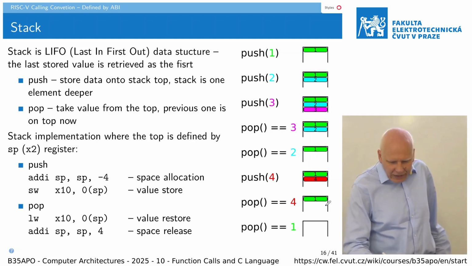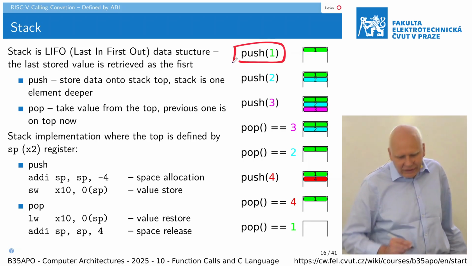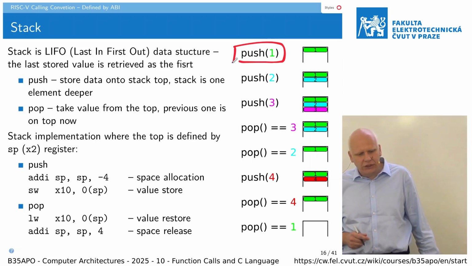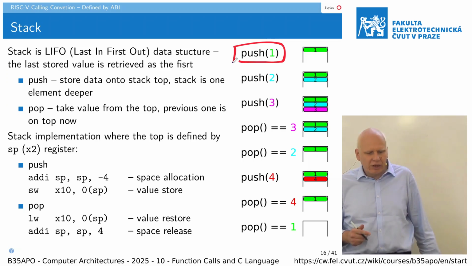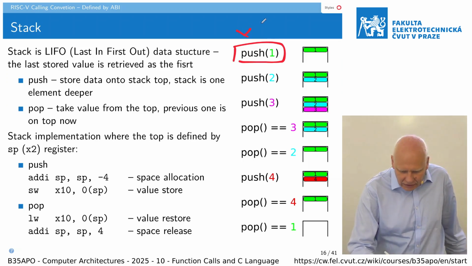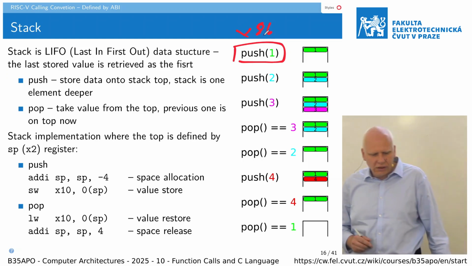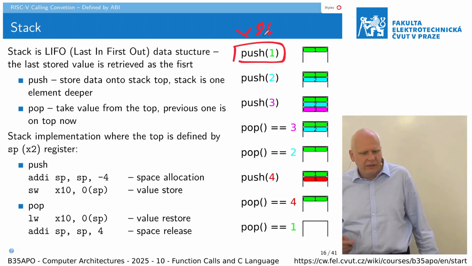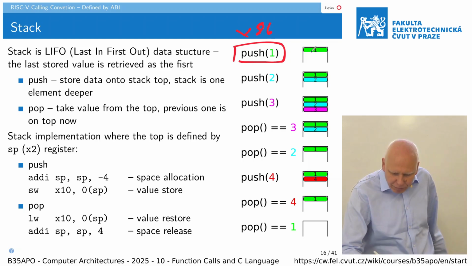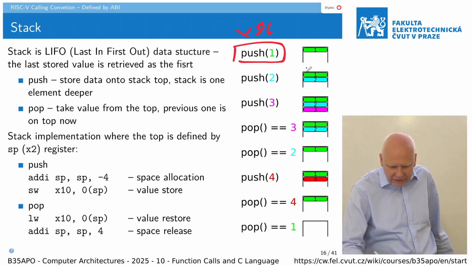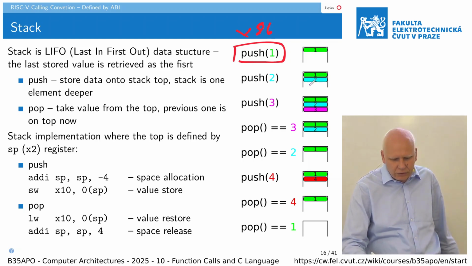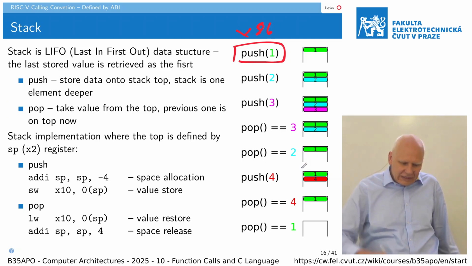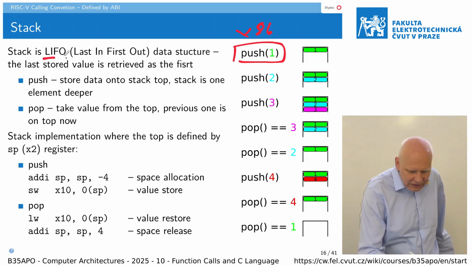So if we have some hypothetical push operation which is available, for example, on x86, but not on RISC-V, then if we push the first argument, then we push another value, and so on. It is in fact last in, first out.